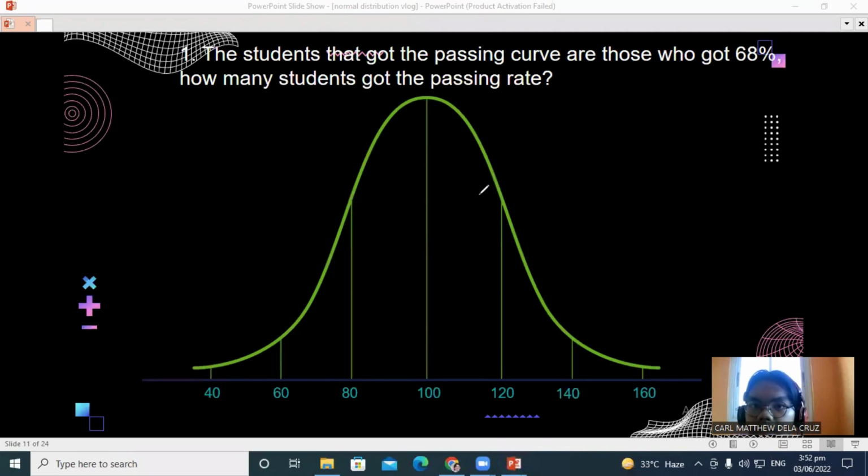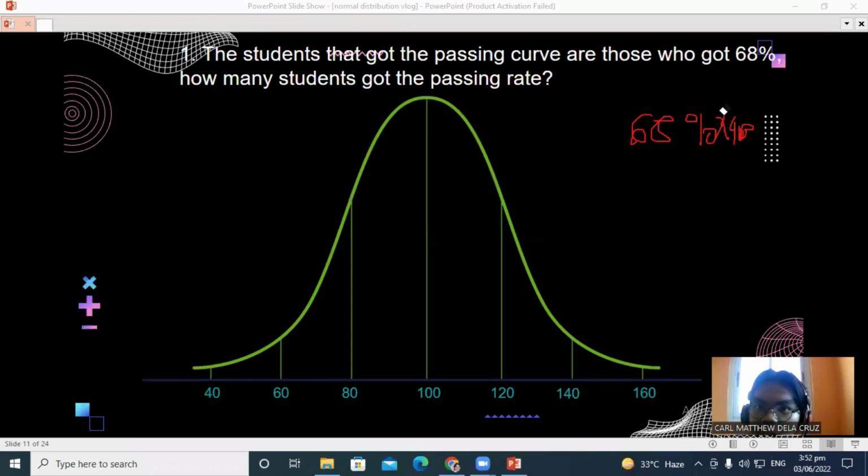So for our problem 1, those who got 68%, how many students got the passing rate? The 68% times our population of 400.